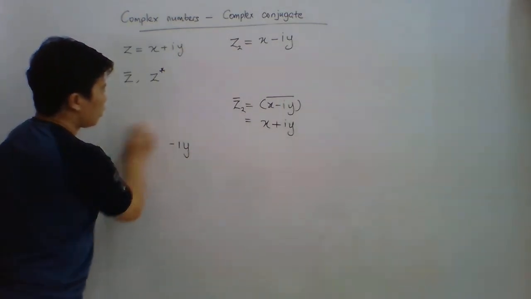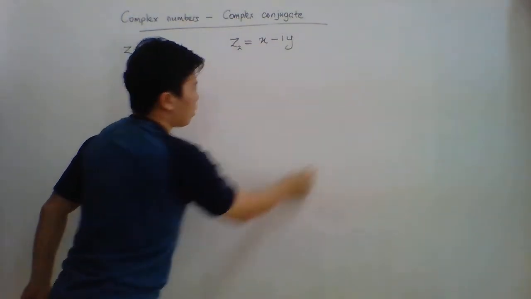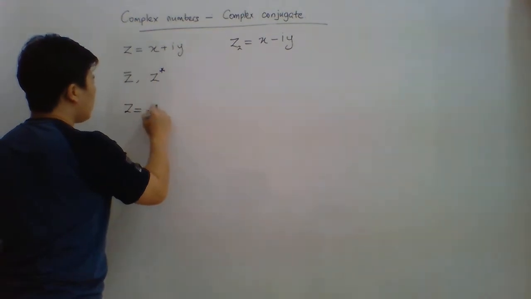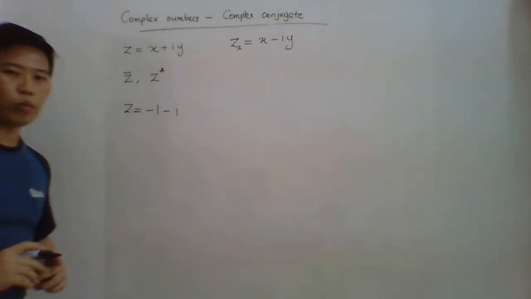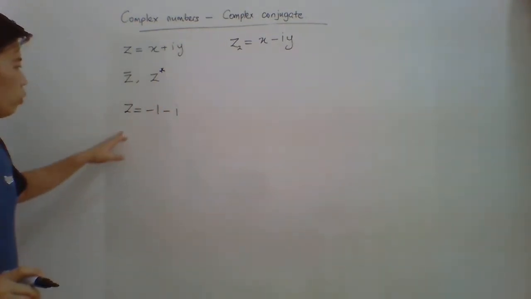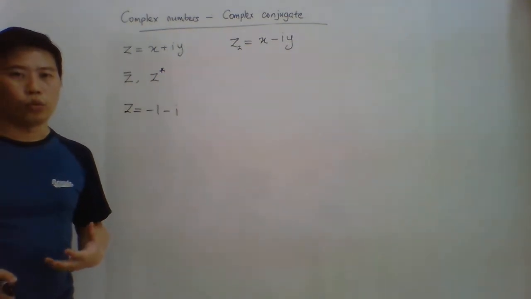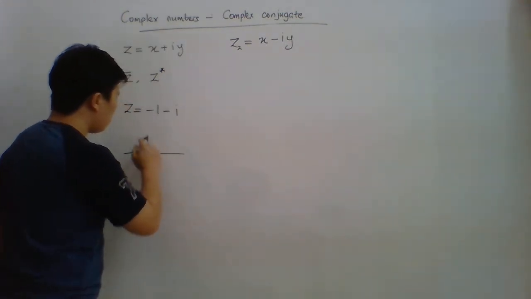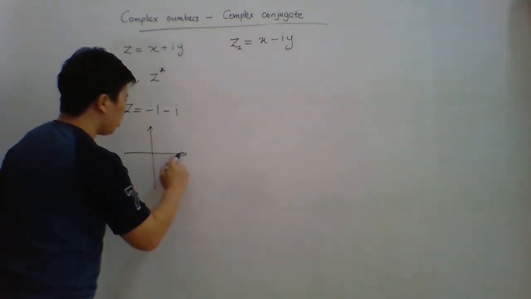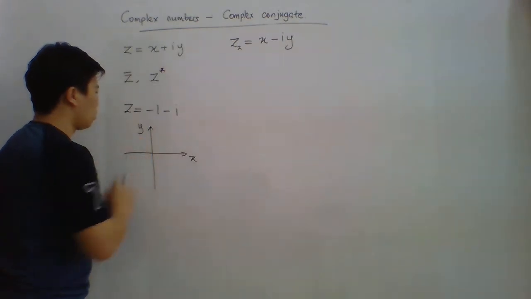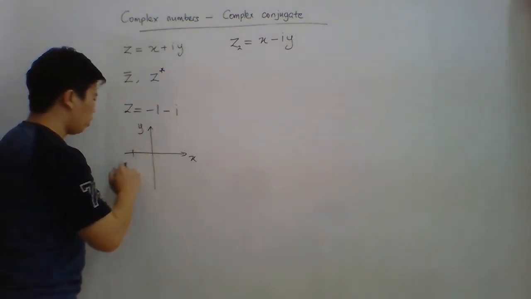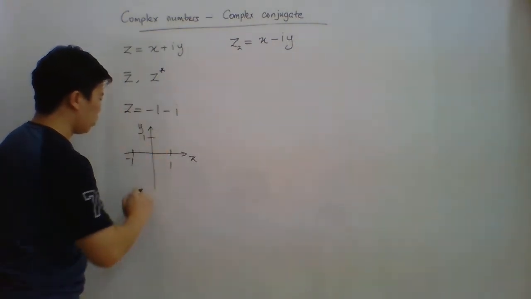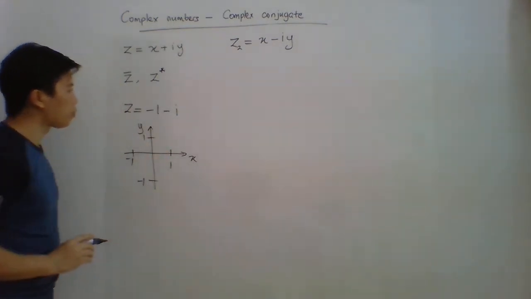Now let's take, for example, a case where my z is equal to minus 1 minus i. The same example that we have talked about before, and we are going to look at the effect of doing a conjugate operation. So now when you plot it on the Argand diagram, this is x, this is 1, and let's call this negative 1, and over here is 1, and over here this is negative 1.